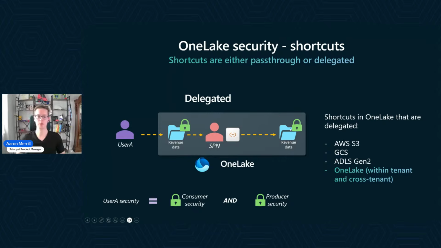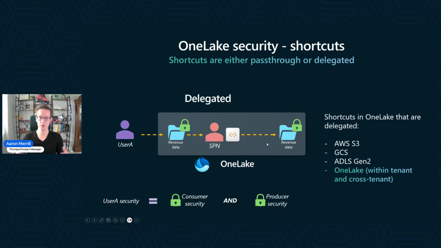The way this works is the producer grants the service principal access to some amount of the data here in the producer side. Then the users create a shortcut using this service principal. So now everybody who accesses this shortcut sees whatever the service principal sees. But because it's delegating as this service principal, you can then also set security on the consumer side to restrict what the end users see.